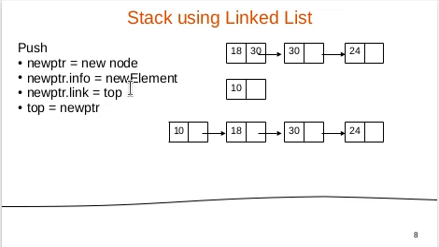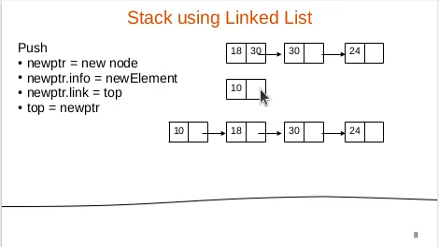When we use a linked list, we do not have to check if it is full or not, because a linked list is not limited. We can insert as many as we want. So new pointer will be a new node. So the new node's info will be the new element, and new pointer dot link will be top.